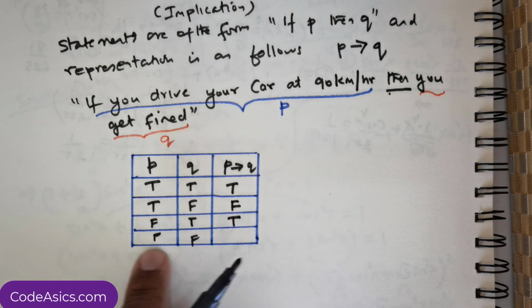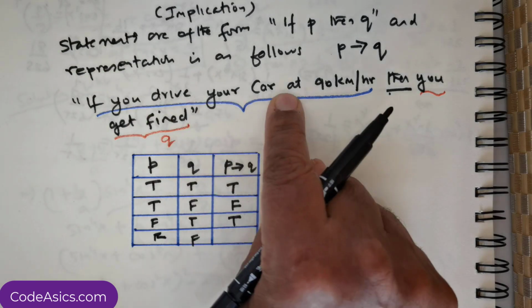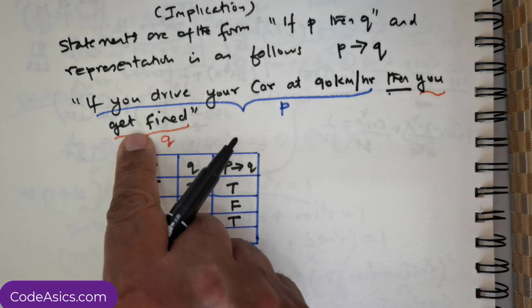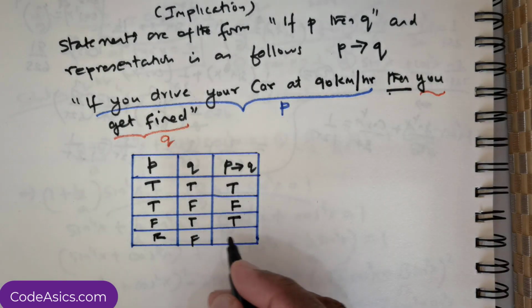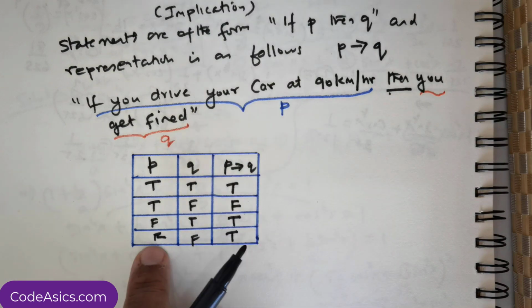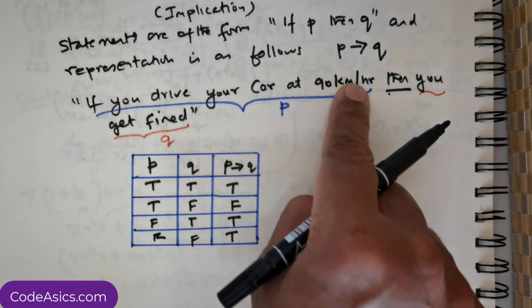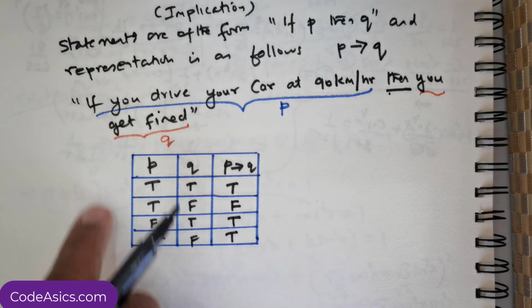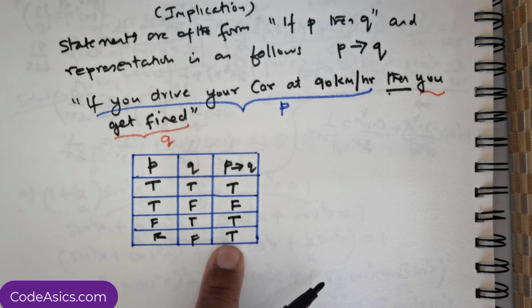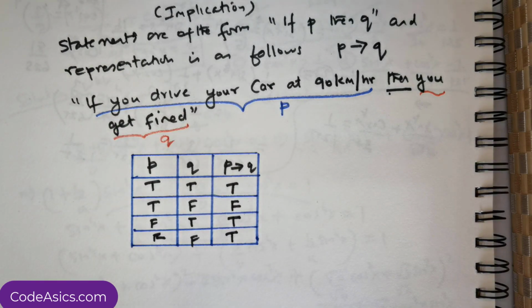The possibility is there. Next case is you have not driven your car at 90 km and you did not get fined, of course that's going to be true. The reason is this has not been committed and you've not been fined, so naturally it's going to be true, right? So this is the table.